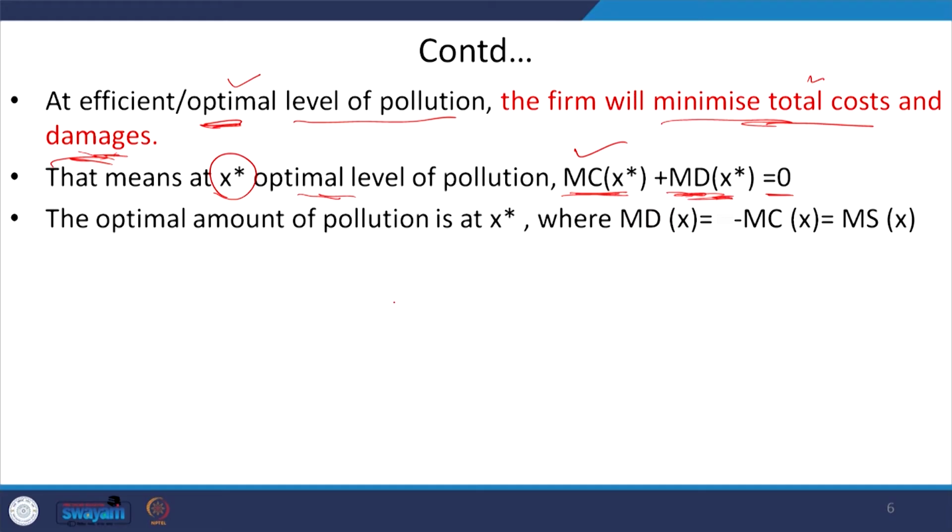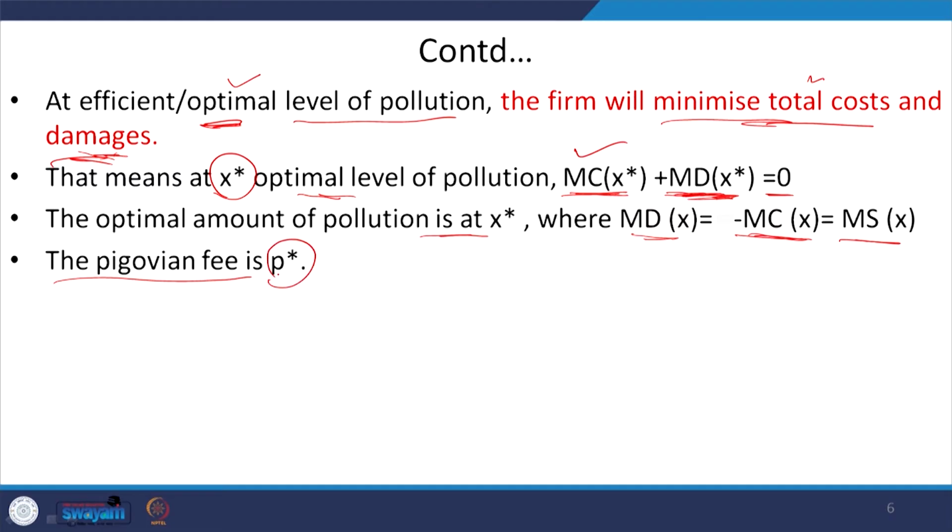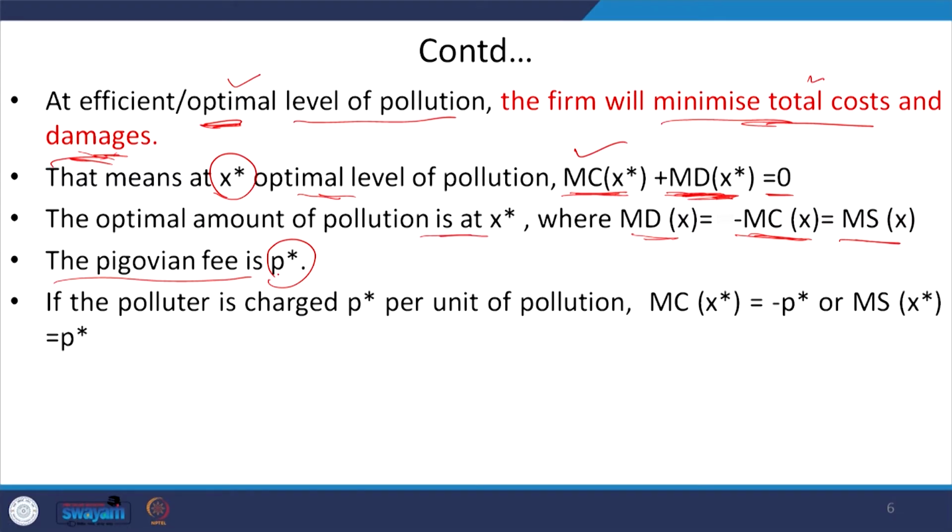What we find is that at this optimal level of pollution, X star, this condition is satisfied, because the marginal damage cost is equivalent to minus of the marginal cost, which is equivalent to the marginal saving of the pollution. Here we have found that this Pigouvian fee is determined as P star by the intersection point of the marginal damage and marginal saving functions.